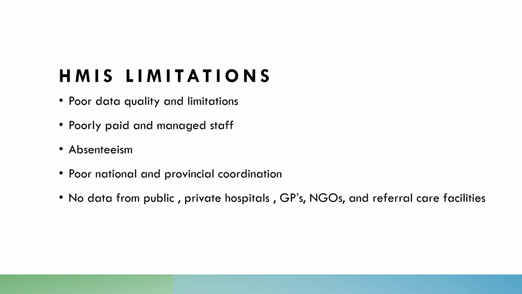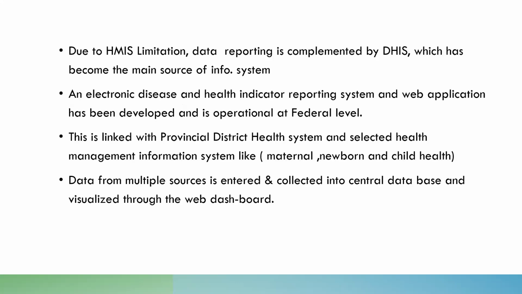So there is a limitation in maintenance of the record at this level. Due to this limitation of HMIS from the different sources, the reporting is complemented by the district health information system, and now it has become the main source of information system in Pakistan.